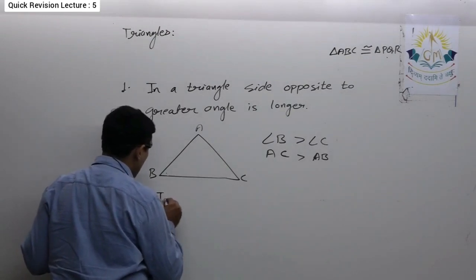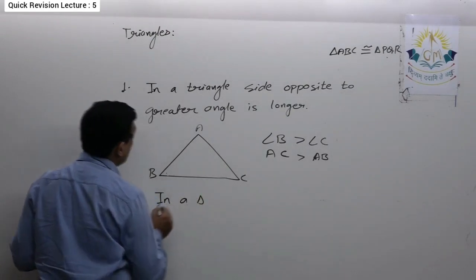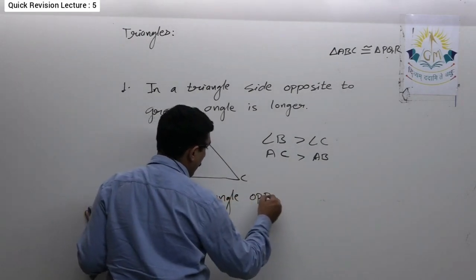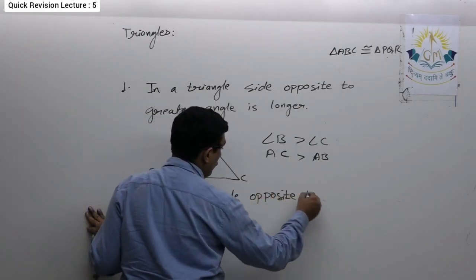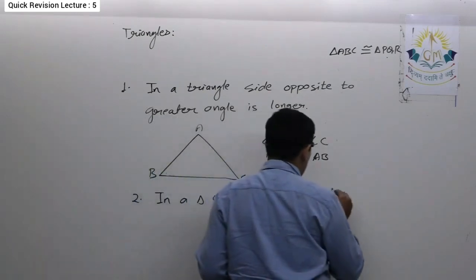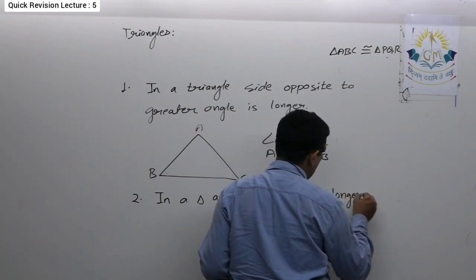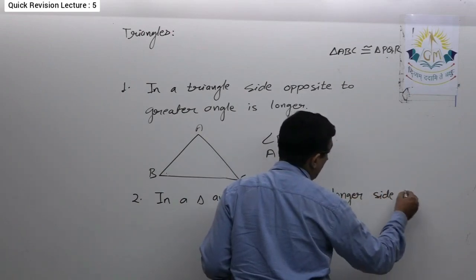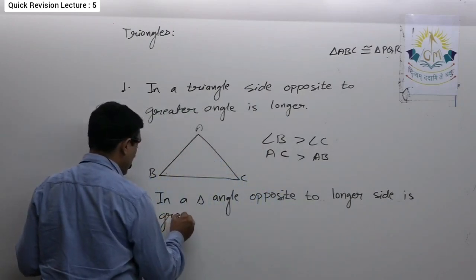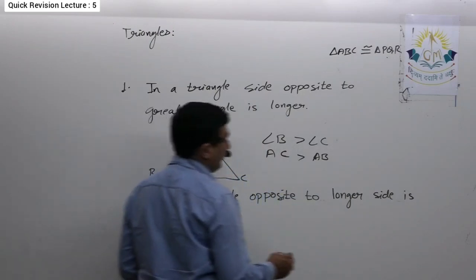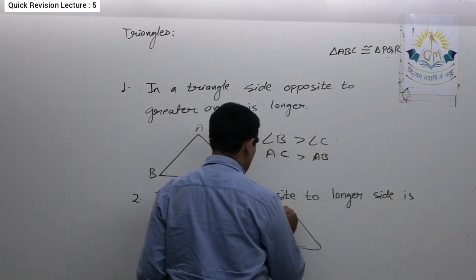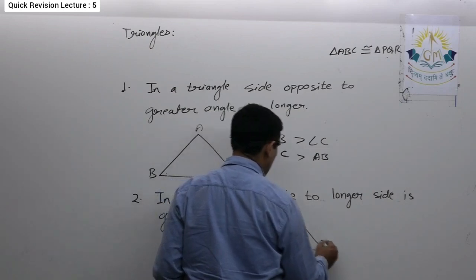Second theorem: in a triangle, the angle opposite to the longer side is greater. That means, let the triangle be PQR.